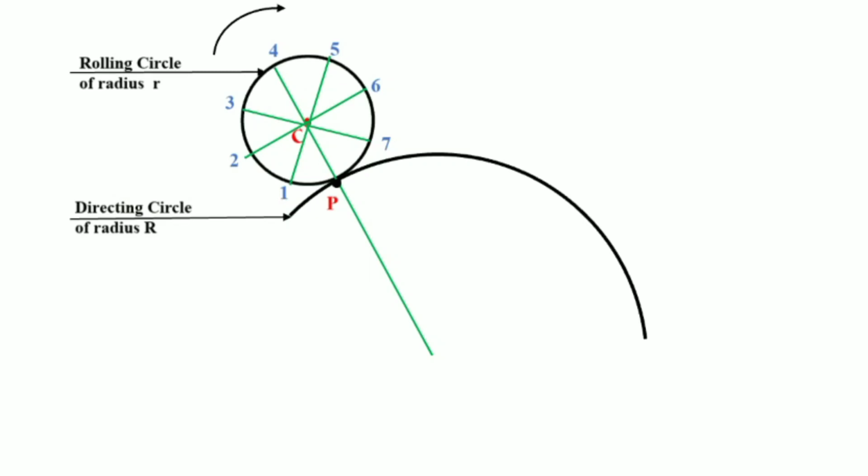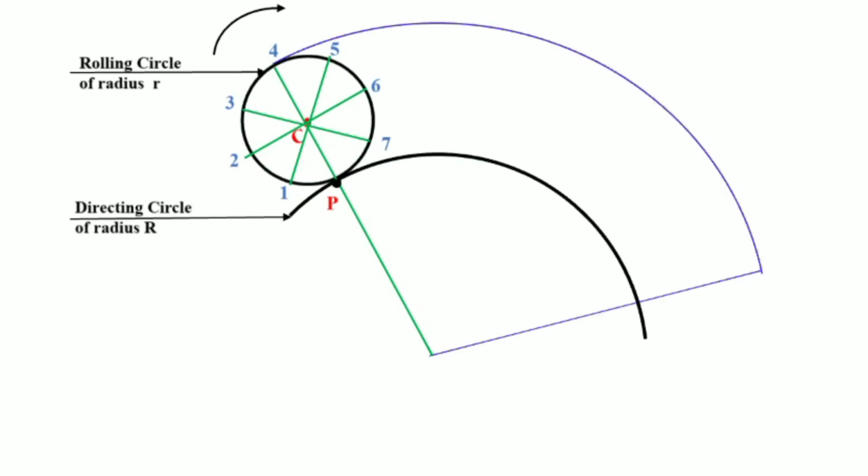But to trace this point, this rolling circle must have completed one complete revolution. On a straight line path, it was very easy to mark a pi d distance where the circle will be completing one complete revolution. Here you have to measure an angle theta where the final position will come.